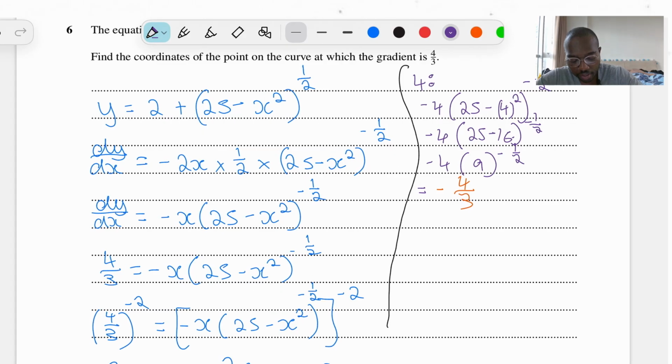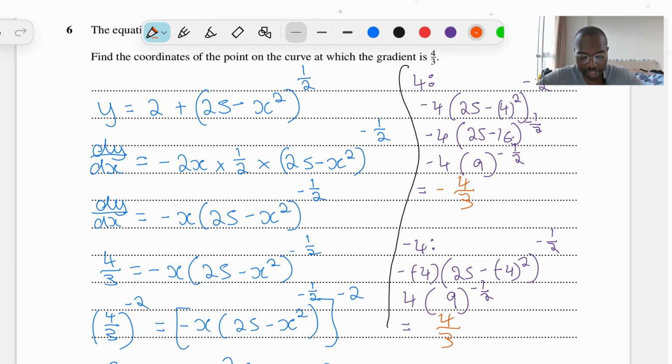But now let's use negative 4 just to double check. We do negative 4, we get a minus 4, and in brackets 25 minus minus 4 squared, to the power of a half. So that'll give us a positive 4. We know 25 minus 16 gives us another 9 to the half, and that gives us a positive 4 over 3.